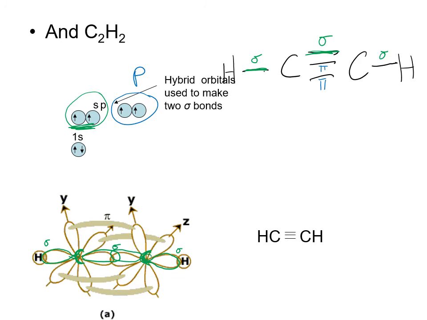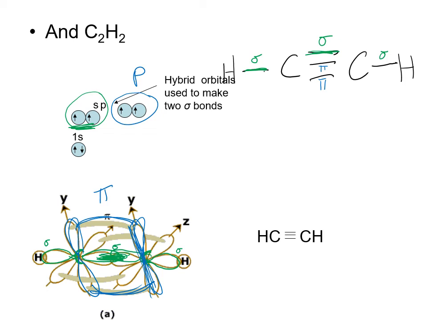Now, if the space between the 2 carbons is already taken up by that shared pair of electrons, the only other option would be to reach around it, and a p orbital would be needed to do that. So you can imagine a double-lobed p orbital and a double-lobed p orbital would be able to reach around the middle and share. That would form our first pi bond. So the middle is taken up with a sigma bond, the top and the bottom are taken up with the first pi bond.